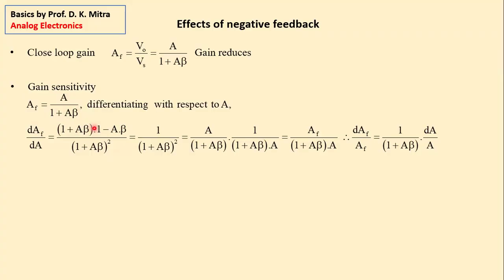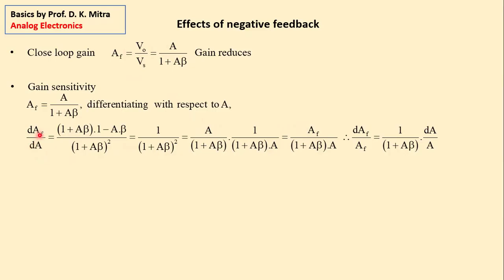In the numerator, A beta gets cancelled, it remains only 1. This can be written as A upon 1 plus A beta multiplied by, again, 1 upon 1 plus A beta into A. Now, A upon 1 plus A beta itself is AF. So we can write it as AF divided by 1 plus A beta into A. So dAF by dA is this.